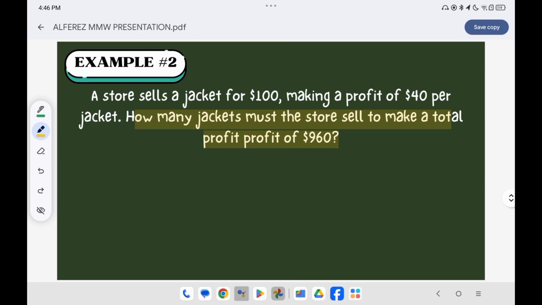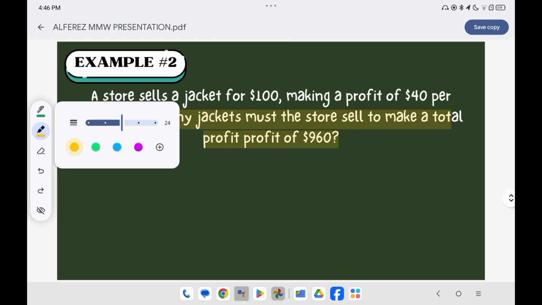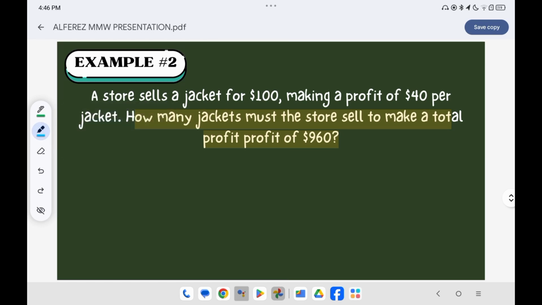Given that each jacket costs $100 and makes a profit of $40 per jacket. So let's solve it by using guess and check.